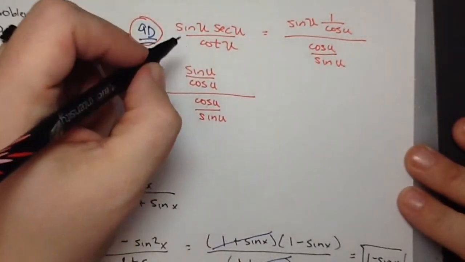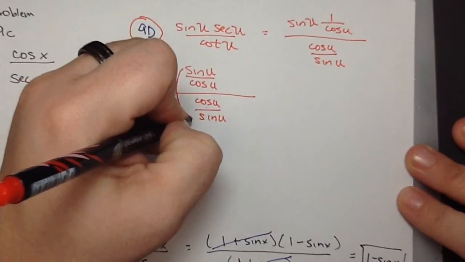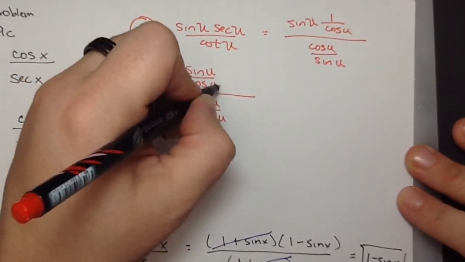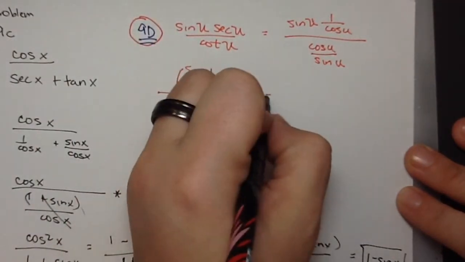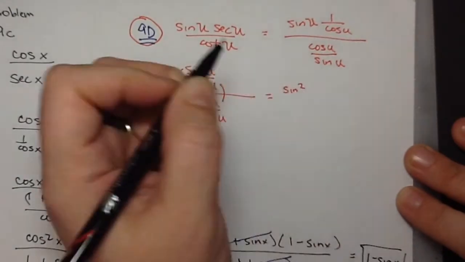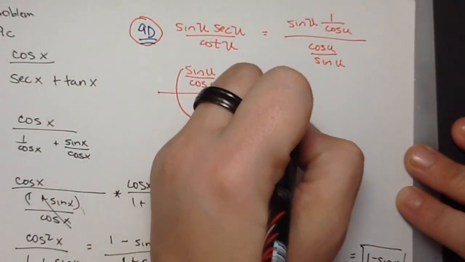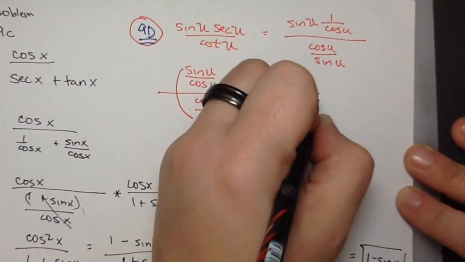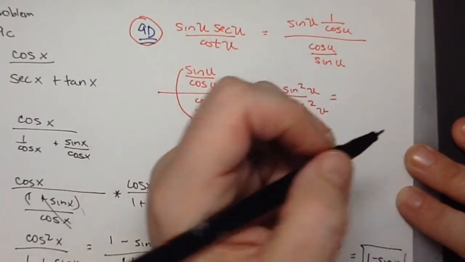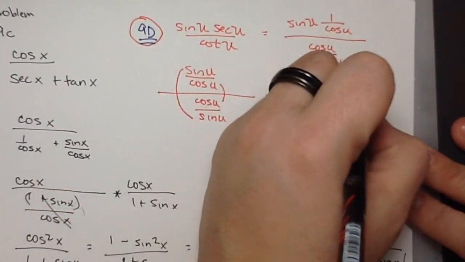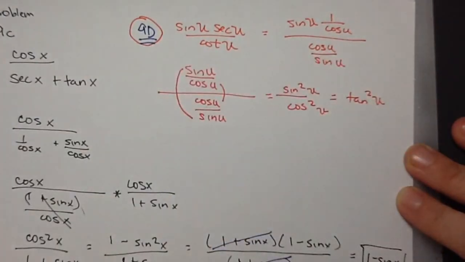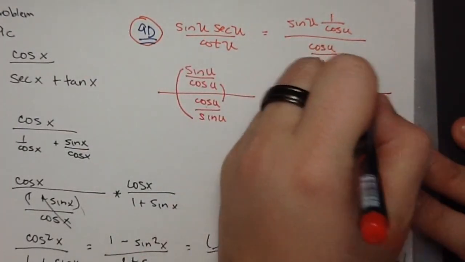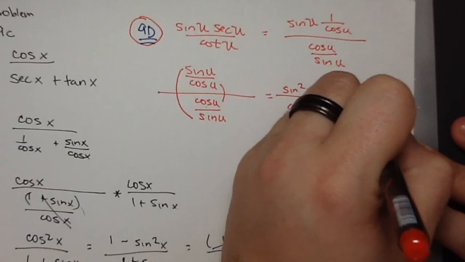So we're going to, again, use the taco method. Outsides product over insides product. And we get sine squared divided by cosine squared. And we get tangent squared u. And that's the answer to 9d.